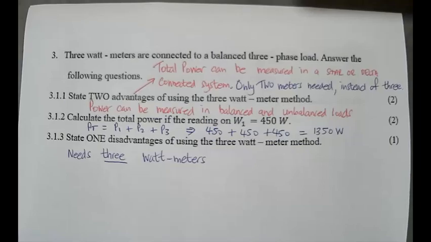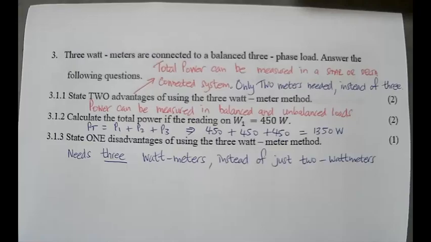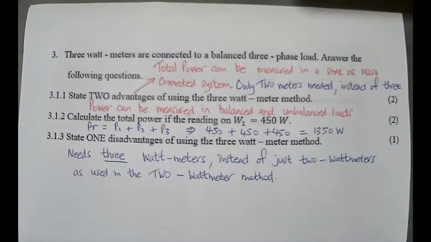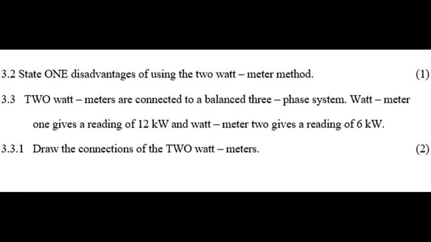So this system needs 3 wattmeters instead of just using 2 wattmeters as used in the 2 wattmeter method. That's the only disadvantage, that we need 3 meters instead of 2 meters.